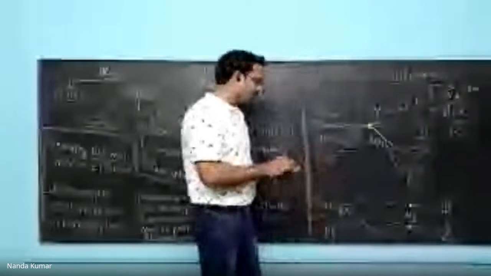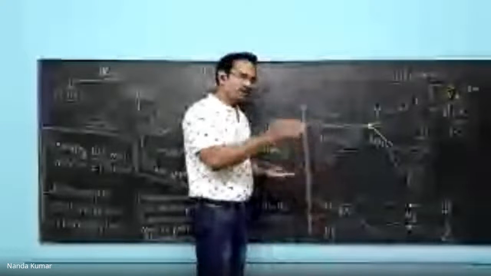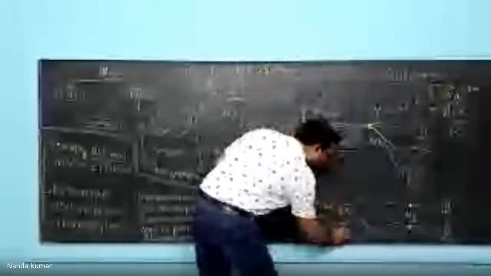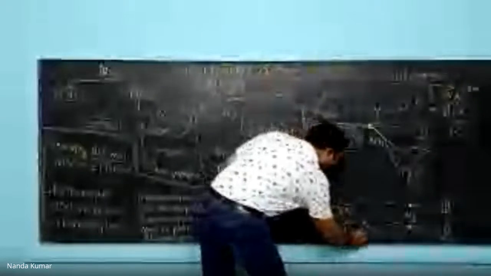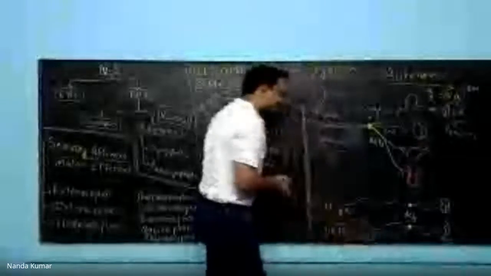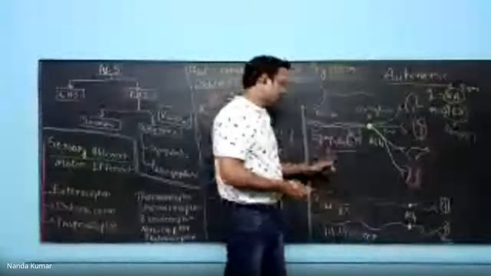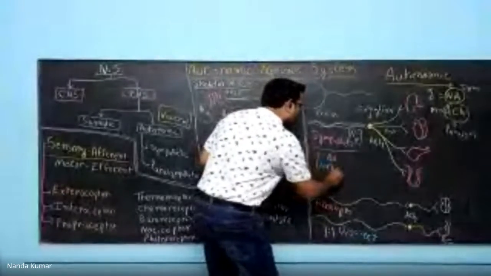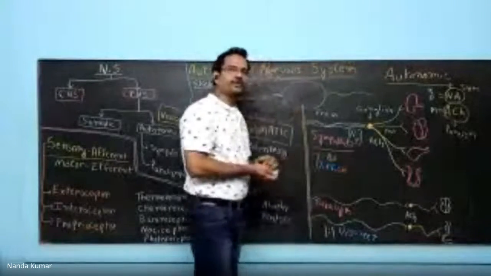So 1:1 is very personal, a single thing. It is known as discrete. Discrete means very personal, only 1:1. Whereas 1:20 is known as diffused. You know about diffusion.